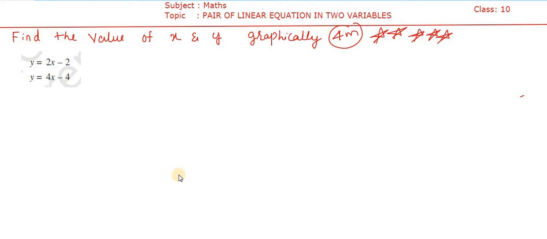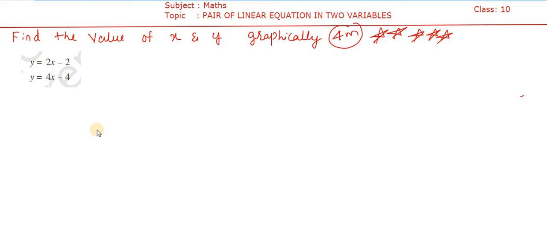How to find this now? It is very simple. First, find the values. This type of graph you did last year for a linear equation in two variables, in mathematics, I think in the 3rd or 4th chapter.